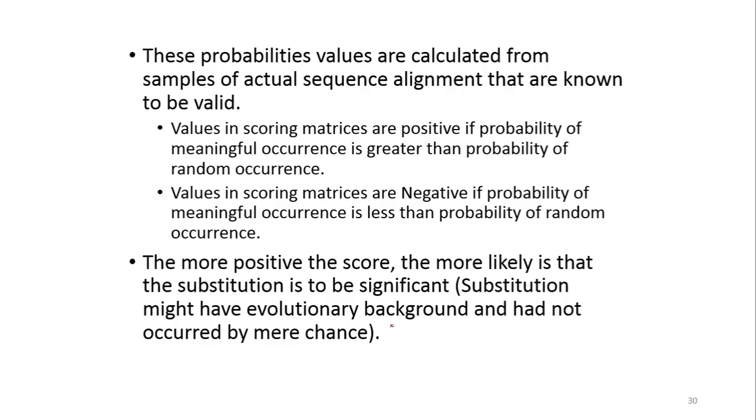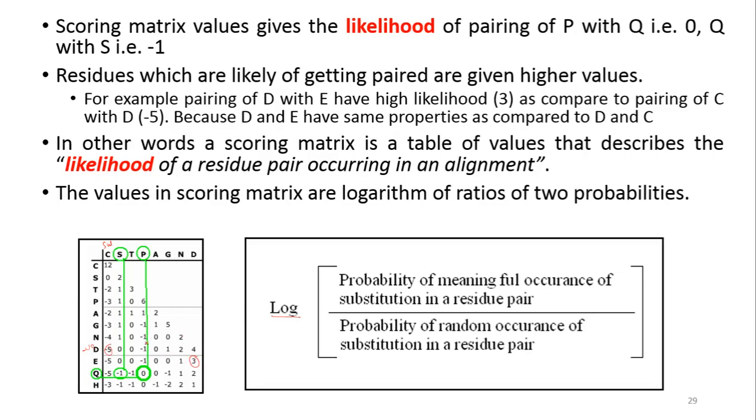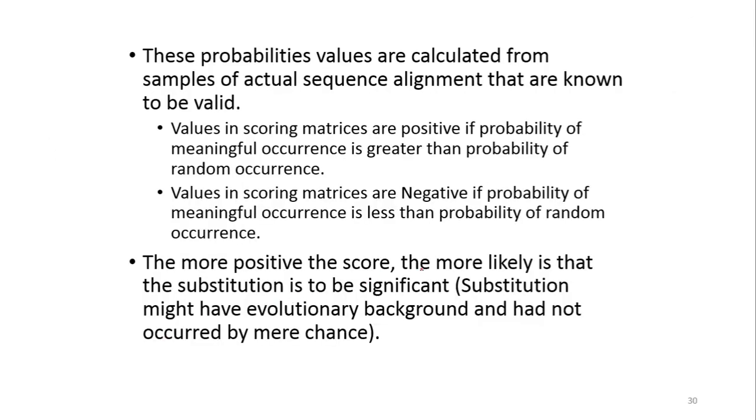So this is the take home message: the more positive the score in your scoring matrix, the more likely it is that the substitution you are considering is biologically significant. It might have some biological meaning behind it, rather than you just ending up aligning those two residues by chance.